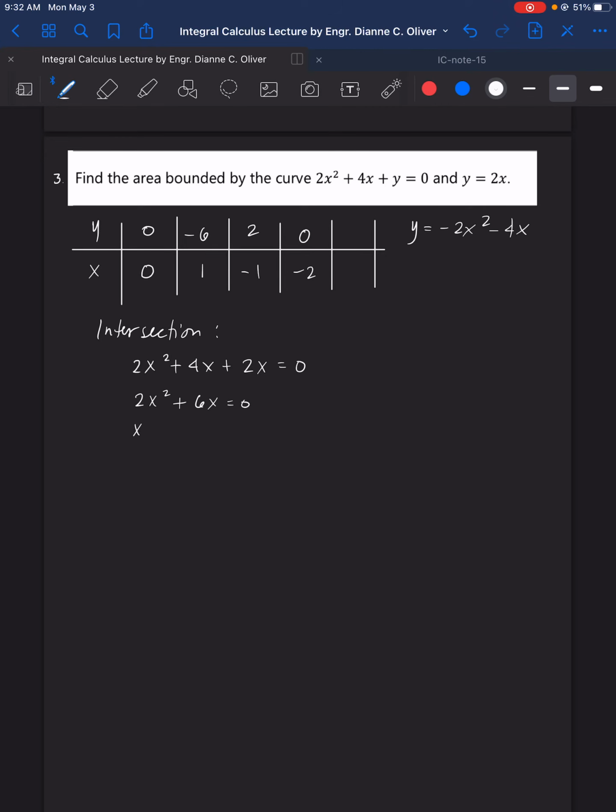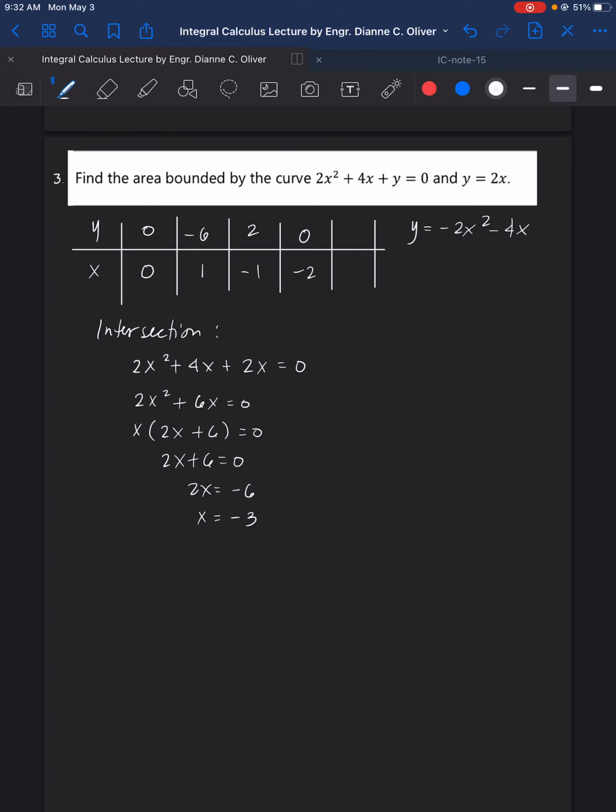So 2x plus 6 is equal to 0, x is equal to 0. Now 2x plus 6 is equal to 0, 2x is equal to negative 6, x is equal to negative 3. So the intersection point is at x is equal to negative 3.